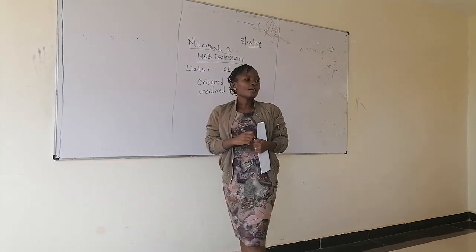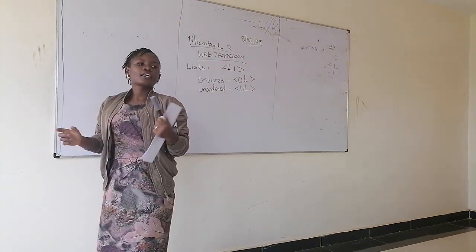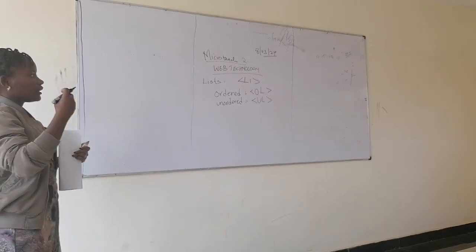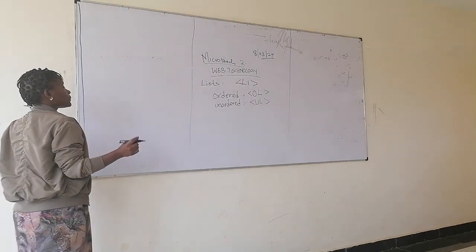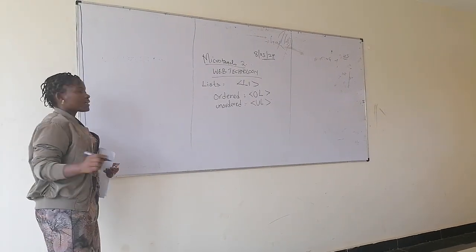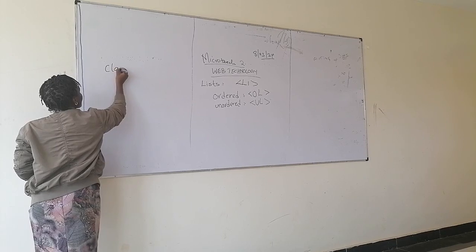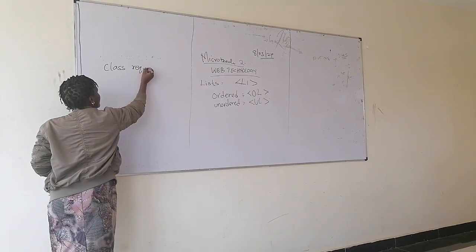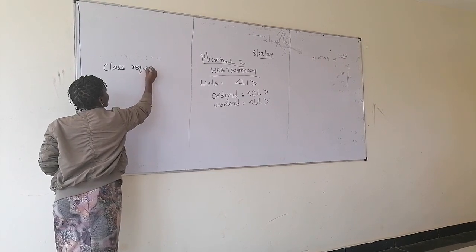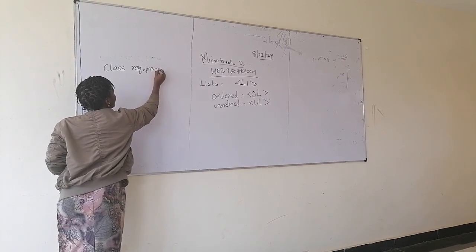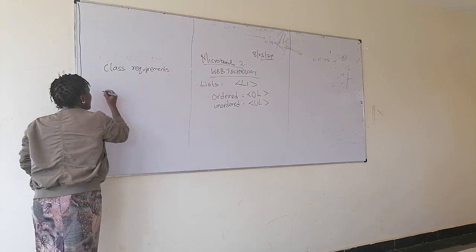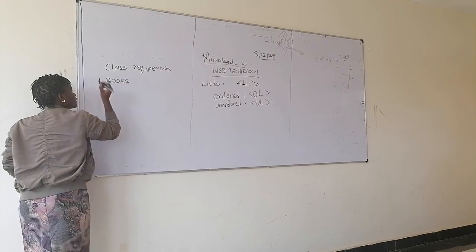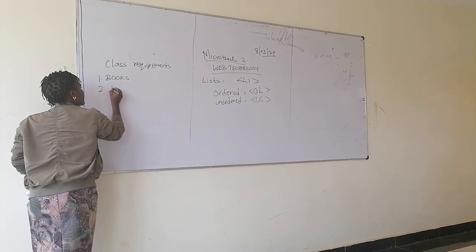So, I want us to try and come up with a web HTML program that will print out this list. For example, class requirements. So we have one, books. Number two, we have pen.